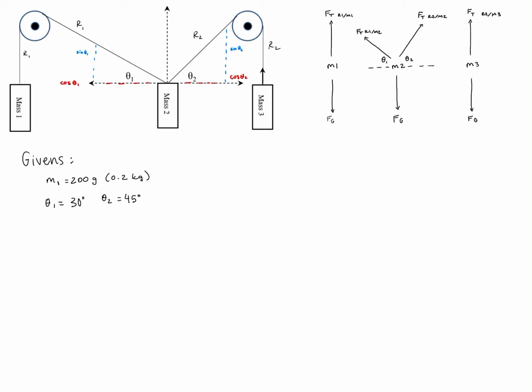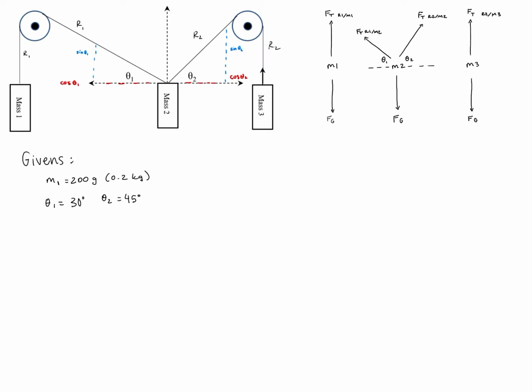So, as you can see, I already have a few things drawn out. I have the diagram of the practicum itself. I have my givens, which I won't really be mentioning until the very end, and I've already drawn out the free body diagrams for each of the three masses.